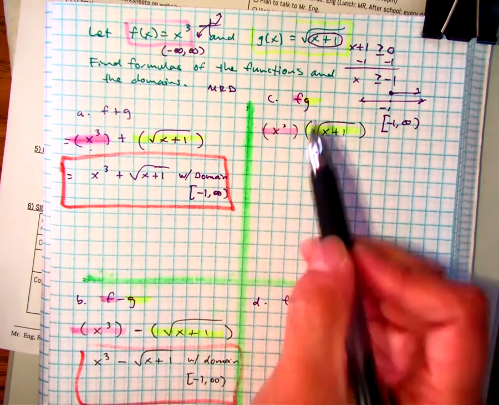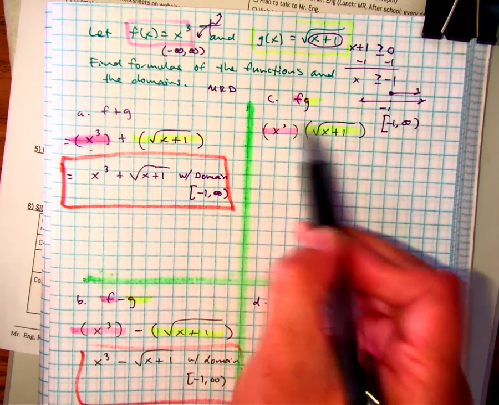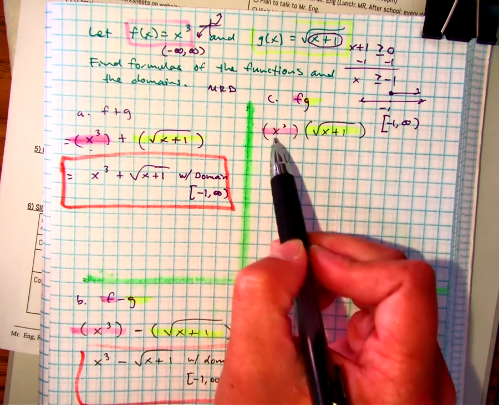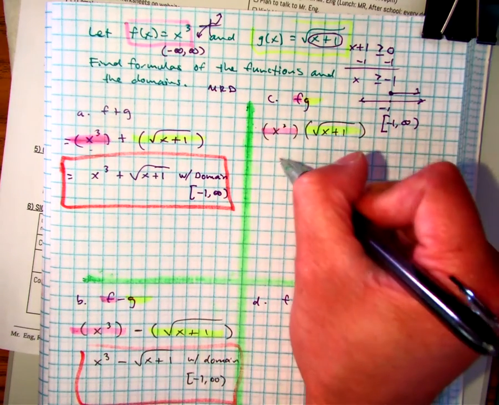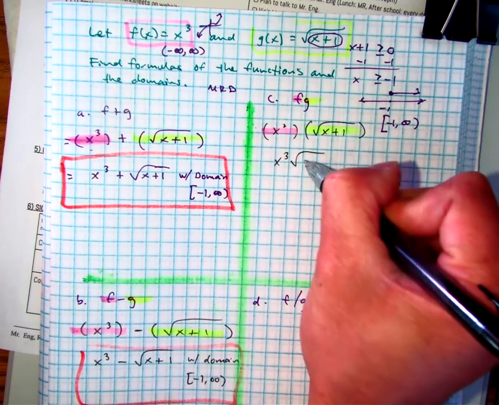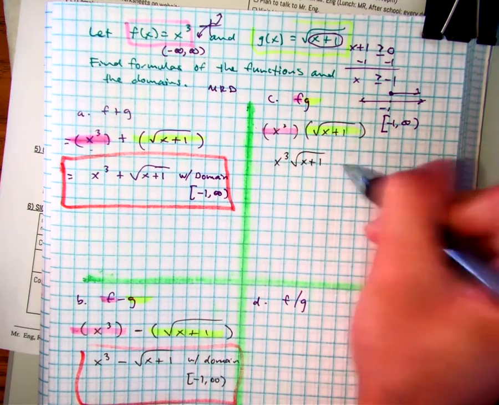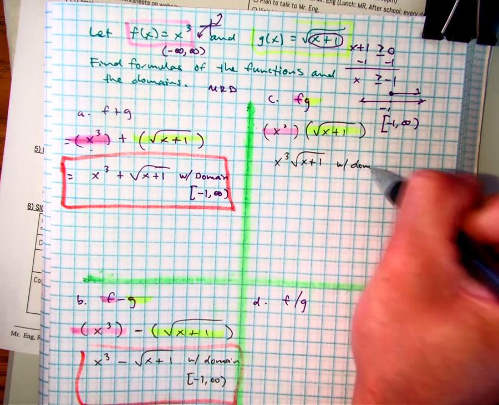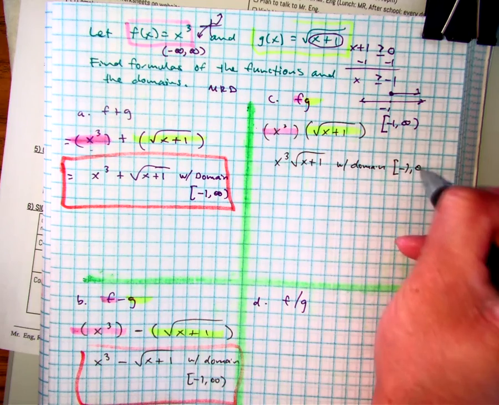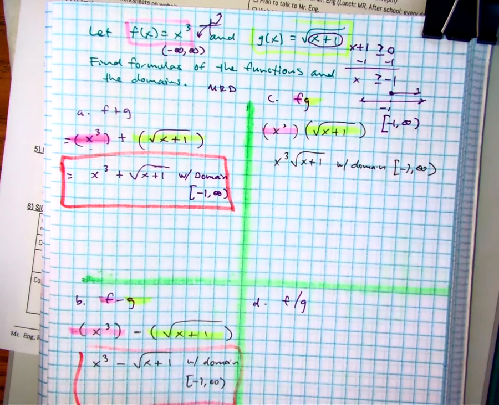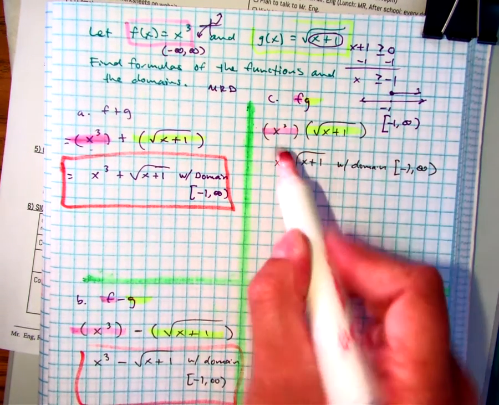You can't do something crazy like multiply inside, because they're both not radicals. Does that make sense? So essentially, that's our answer. x cubed times square root of x plus 1 with a domain of what? Basically what we're doing there is we're just picking the most restrictive domain between the two functions.